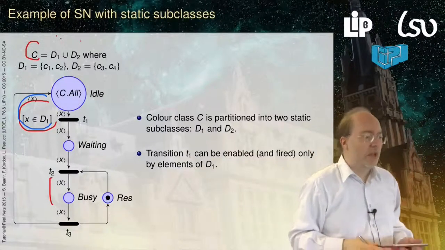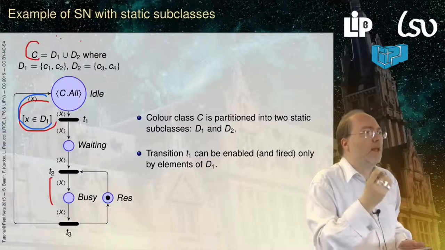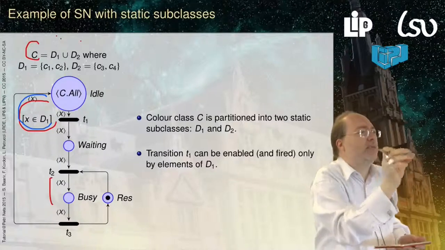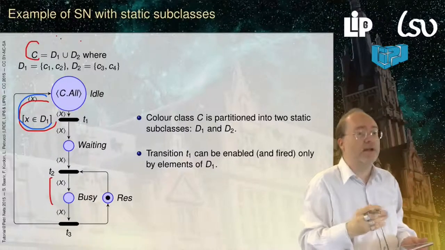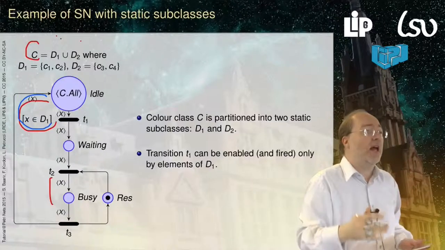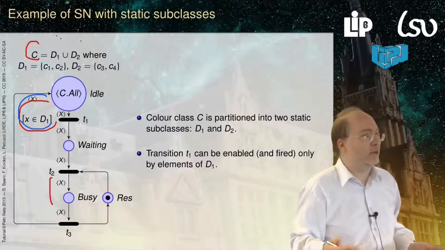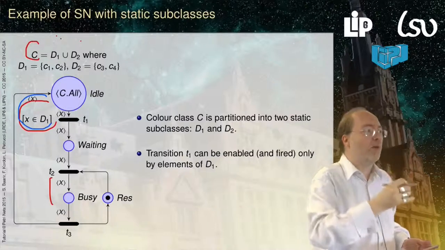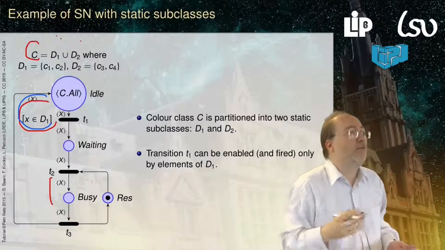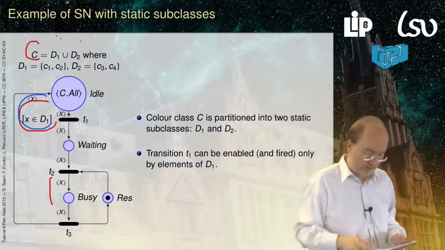And of course, if there is another action that splits, for example, D1, you will not have two subclasses but three, and in the worst case possible, you will have one subclass per element in your color class, if you're unlucky.